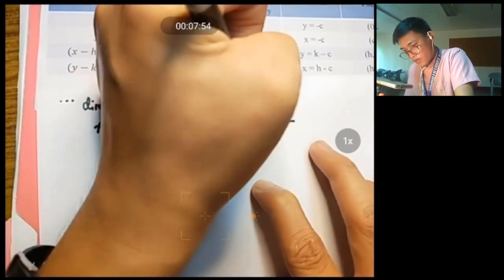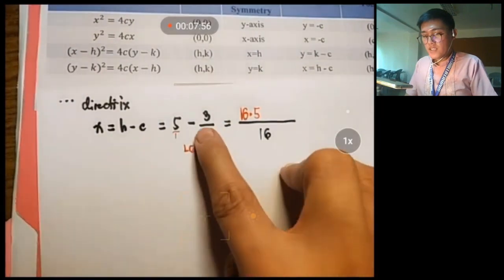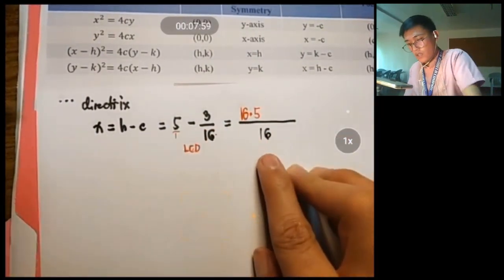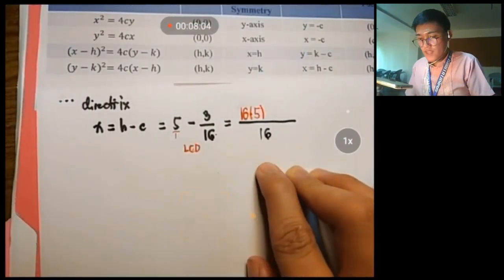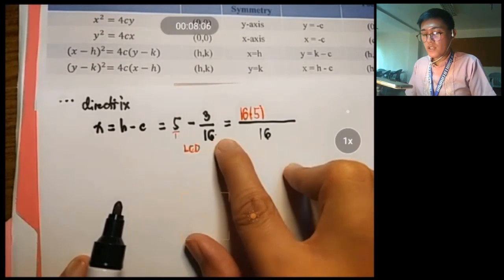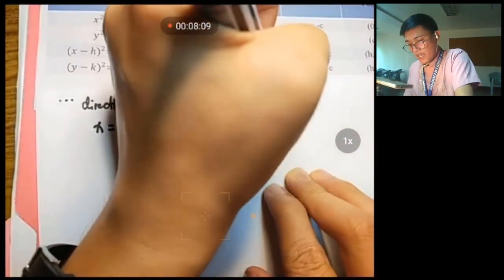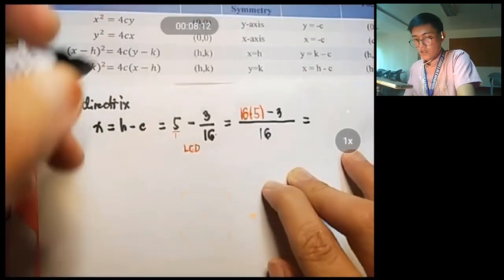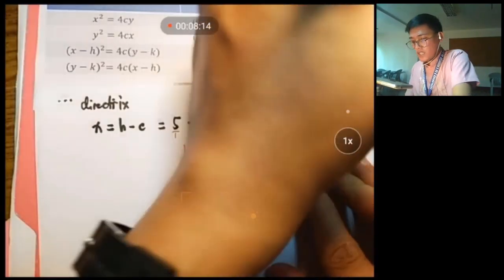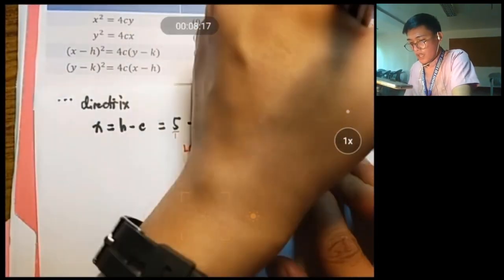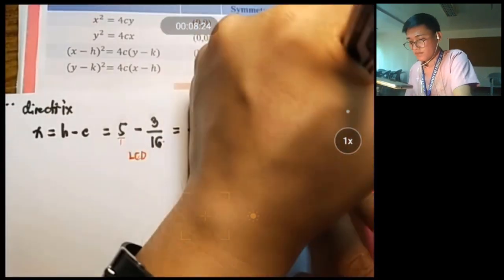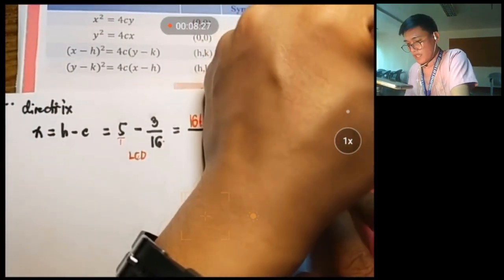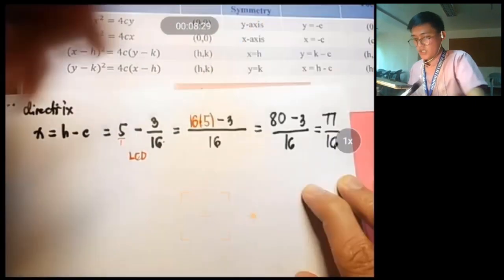Then 16 divided by 16 is 1, times negative 3, it's negative 3. Alright, let's simplify. 16 times 5 is 80. Then we'll get 80 minus 3 over 16. The final answer would be 77 over 16.